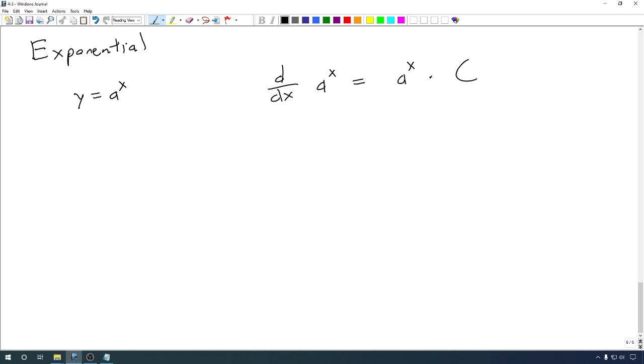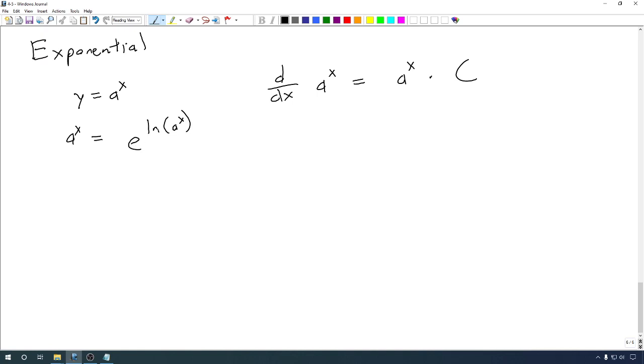The key about figuring that out comes from changing a to the x into a version of e to the x. Basically, if we take a to the x and we introduce a canceling pair of the natural logarithm and e, then we can change this into something else. Basically, I'm going to take e to the power of the natural logarithm of a to the x.